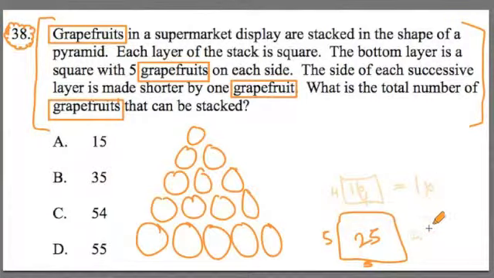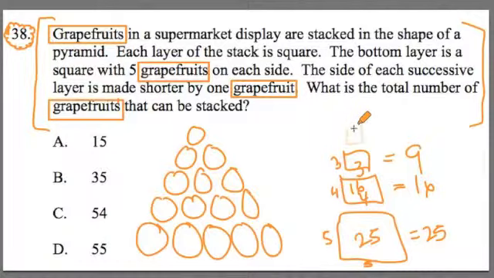This third layer is 3 by 3, so it's going to have 9 grapefruits. The next layer, smaller, is 2 by 2, meaning it's going to have 4. And this last one is just 1 little grapefruit. It's 1 by 1, so it's going to have 1 grapefruit.